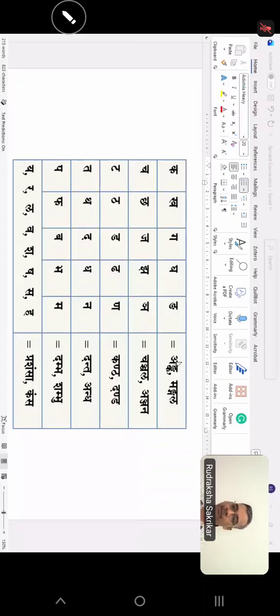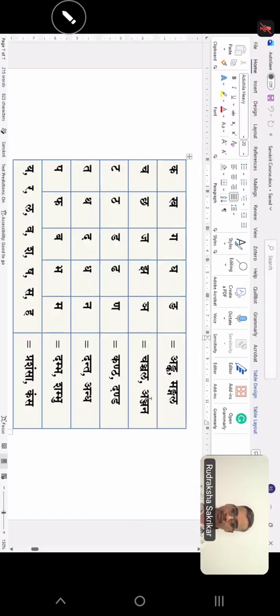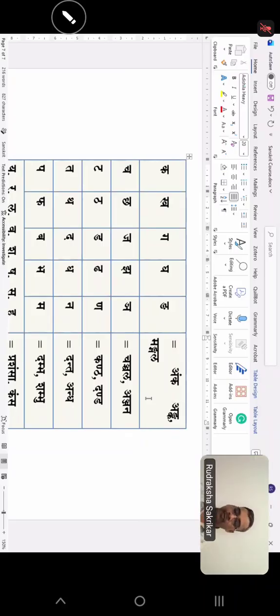Now see, if we write Anuswara on A, what is the next letter after Anuswara? It is Ka, Anka. Imagine that we are writing in Hindi and we are writing Anuswara on A and then after that we are writing Ka. In Sanskrit, I'm just typing here so that we can understand. We will write like this in Hindi.